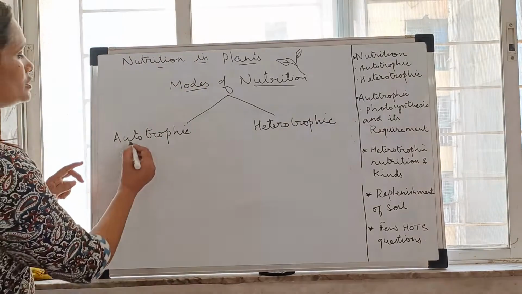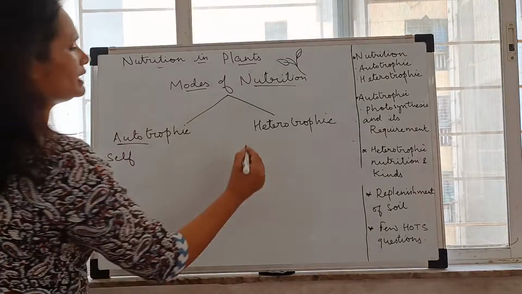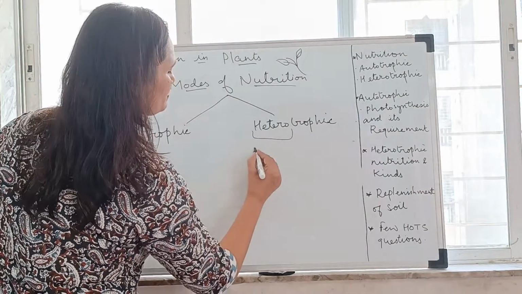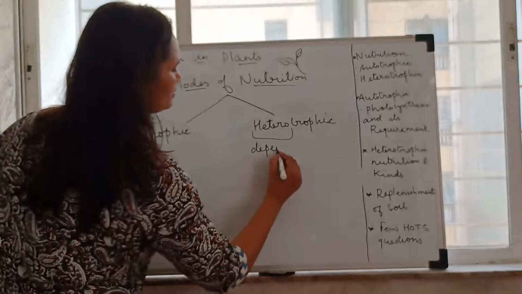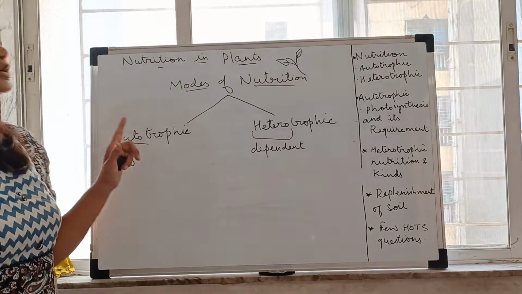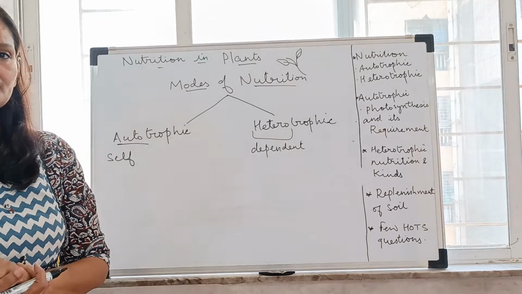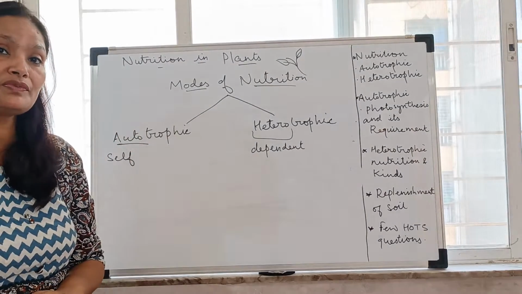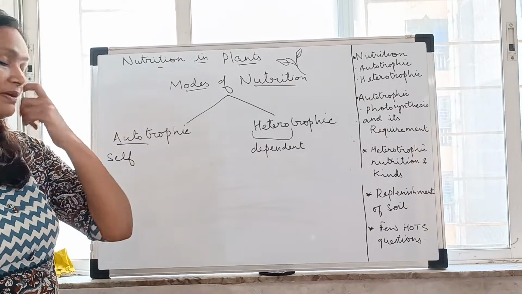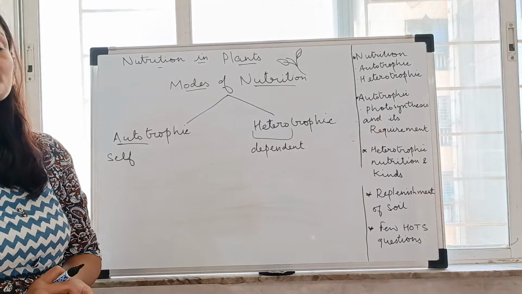Auto means self, and hetero means dependent. Autotrophic are those organisms which prepare their own food. How do they prepare their own food? We'll talk about this. But which are the organisms which prepare their own food? They are plants.